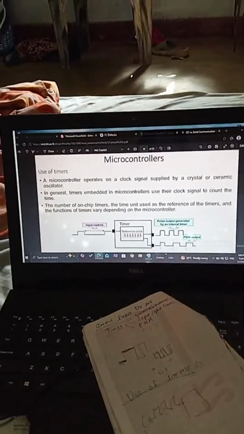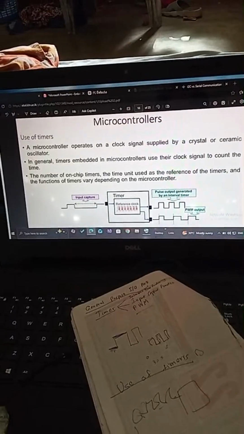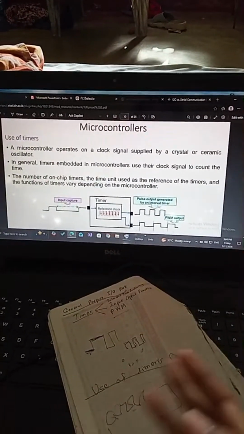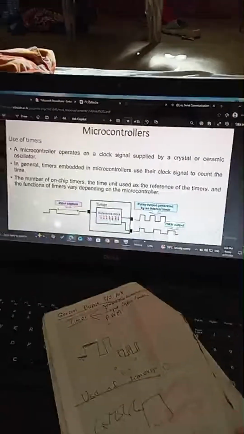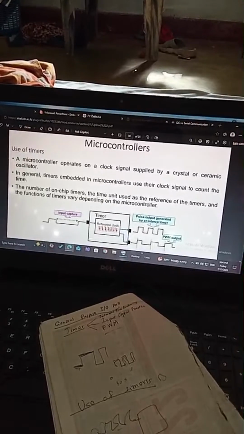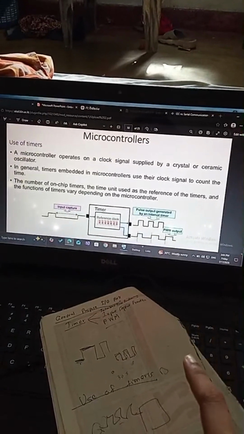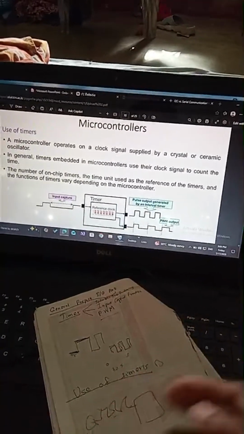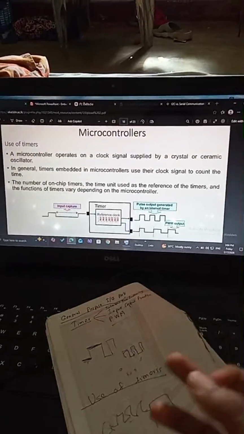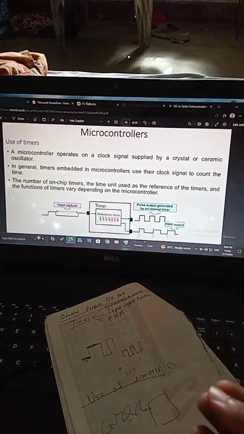Some microcontrollers may have several timers, and some have only one. That's what I got to know. I understood only that, so maybe it is wrong or not, but that's what I understood. If you know it, please let me know in the comments, because I'm not a master.